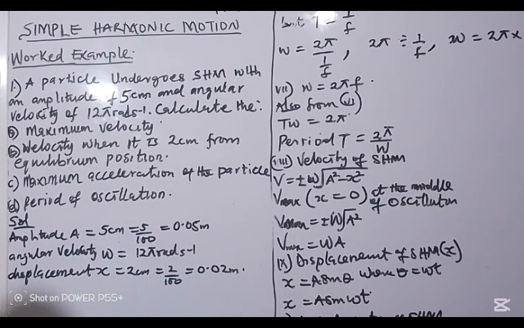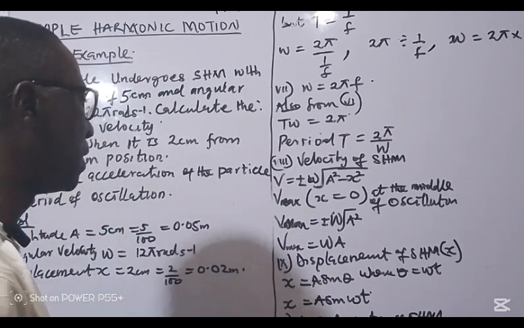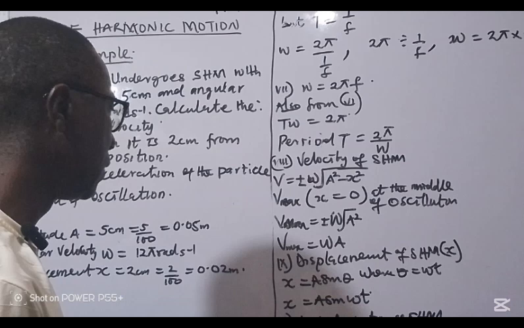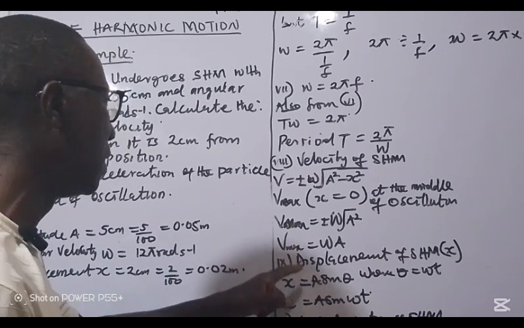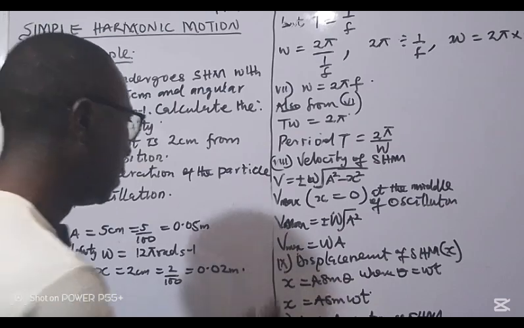Now, the first question says to calculate maximum velocity. To calculate maximum velocity, let's look at what we have for maximum velocity on the board. That is, we are going to have maximum velocity when s is equal to 0. So we are going to apply this particular formula.